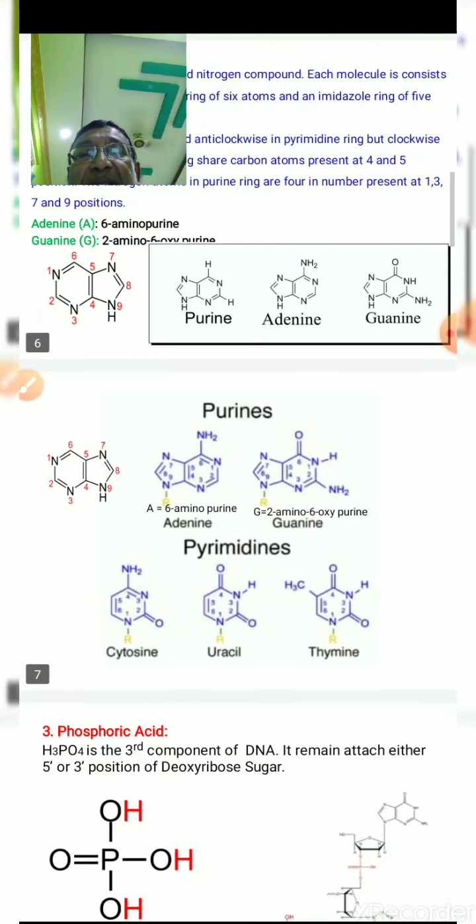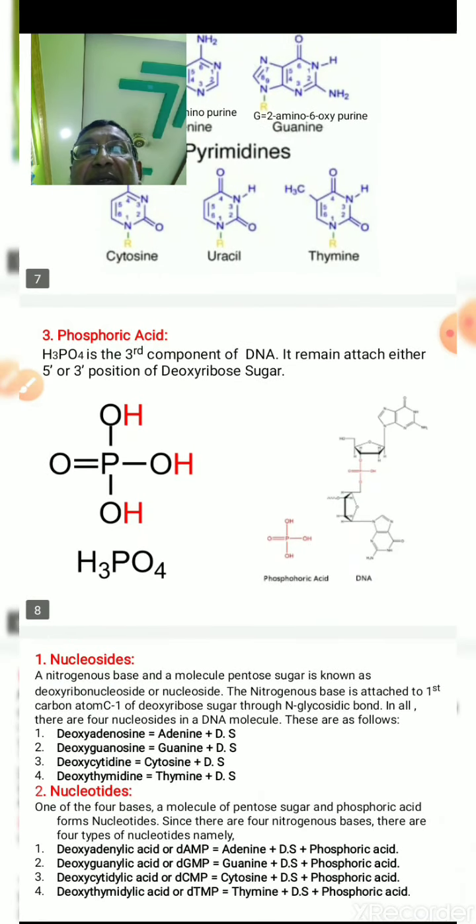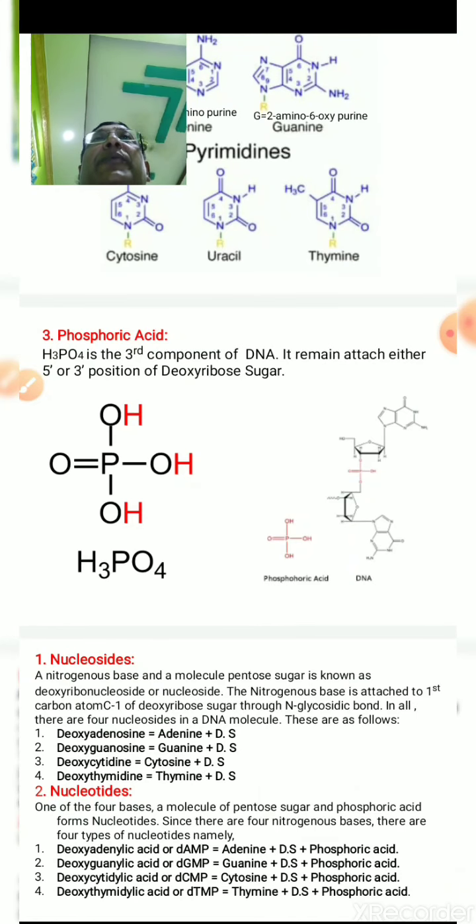So the next component of the DNA is phosphoric acid, popularly known as H3PO4. It remains attached to either the 5' or 3' position of the deoxyribose sugar.